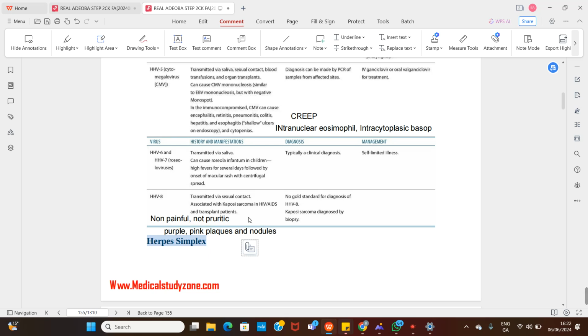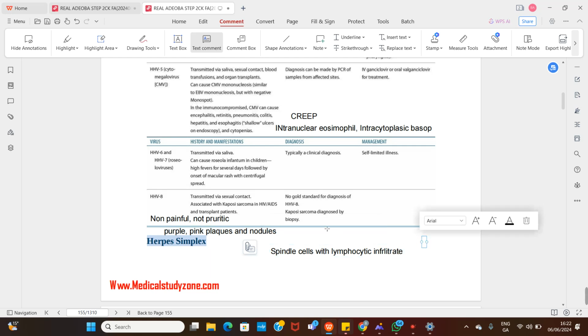That is all you need. Spindle cells on biopsy with lymphocytic infiltrate, Kaposi sarcoma. That is all we need.